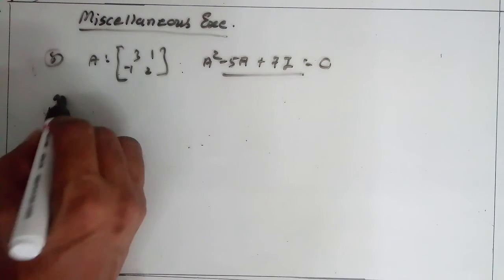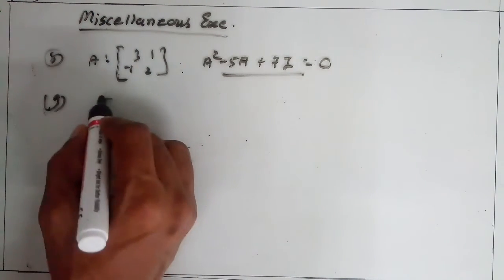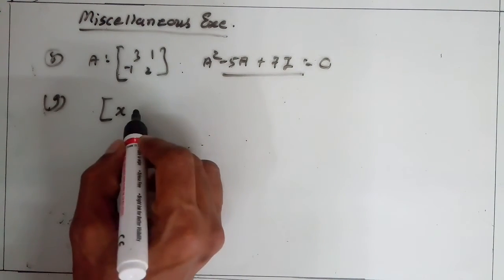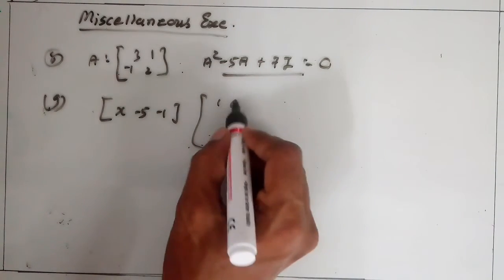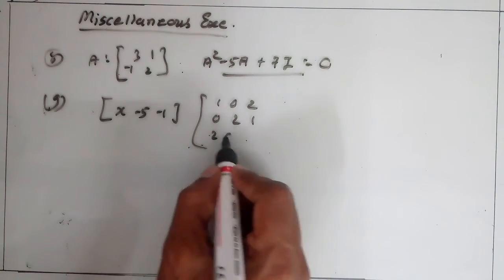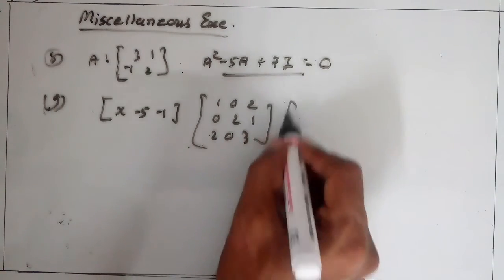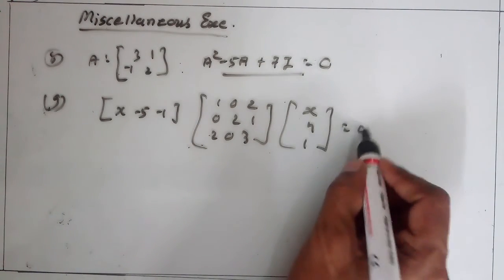Question number 9. Same question as given in question number 7. For the matrix x minus 5 minus 1, into the matrix 1 0 2, 0 2 1, 2 0 3, into x 4 1 is equal to 0.